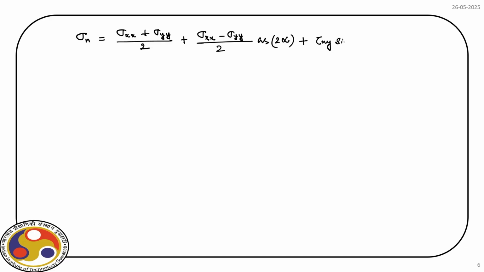The answer is yes, but before that let us just quickly recall: sigma n is equal to sigma xx plus sigma yy by 2 plus sigma xx minus sigma yy by 2 cosine of 2 alpha plus tau xy sine of 2 alpha, and then tau n is equal to minus sigma xx minus sigma yy by 2 sine of 2 alpha plus tau xy cos of 2 alpha, right.